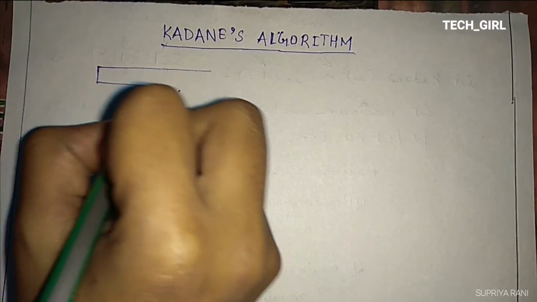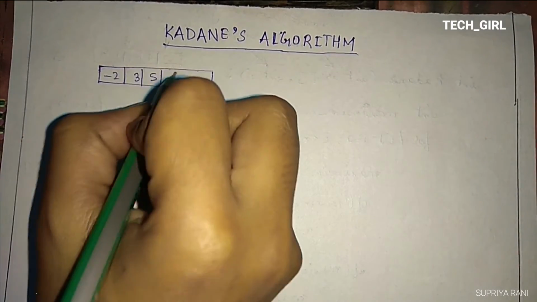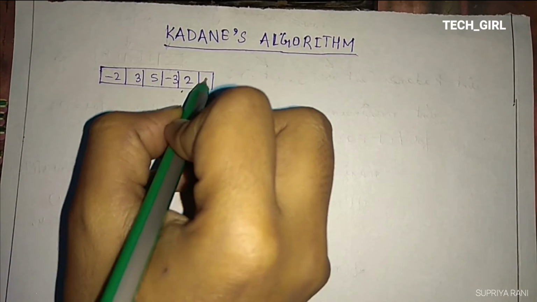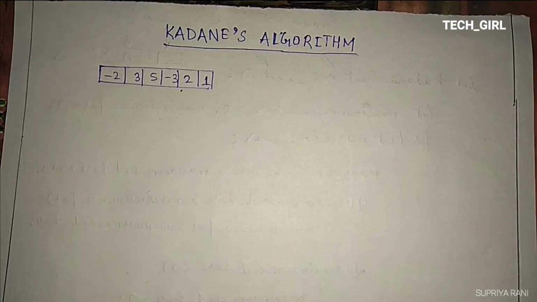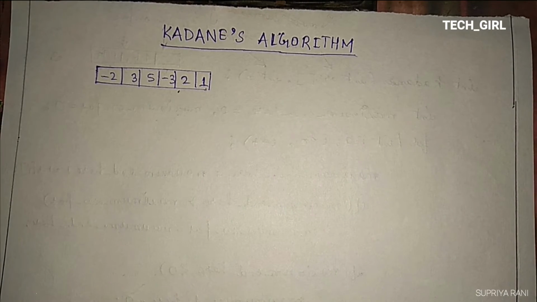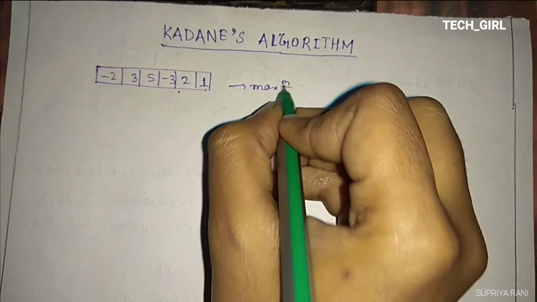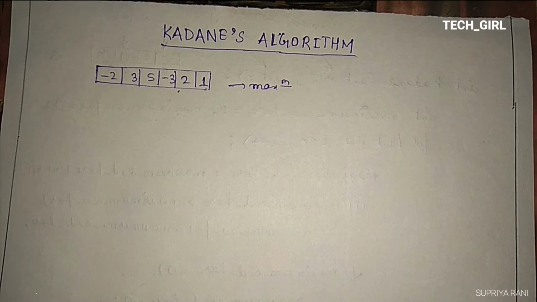So suppose this is our array, and we try to find out the maximum sum that I can get from this array that should be continuous in nature. That subarray should be continuous in nature.